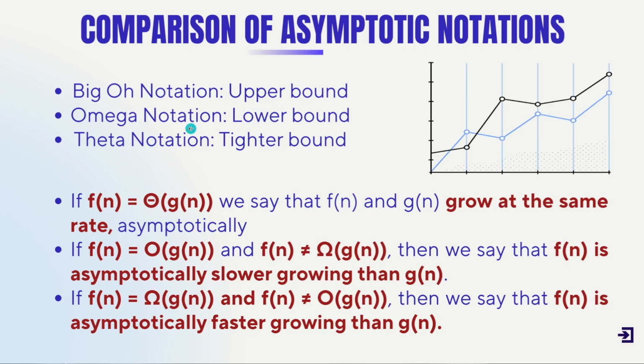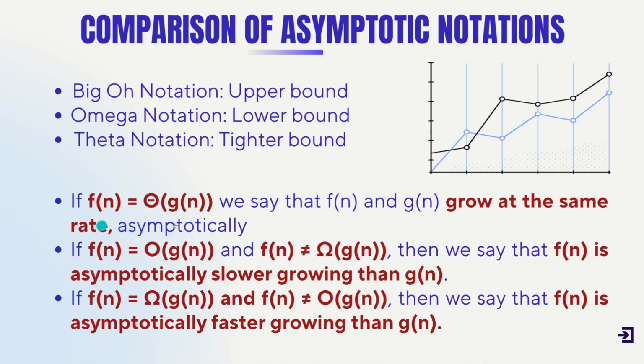Omega notation is used whenever we want to express the lower bound or the best case complexity of an algorithm, and theta notation is used whenever we want to have a tighter bound, that is upper and lower bound. So, we will be specifying that a function's complexity will not go below this or go above that. So, that is what we represent with the help of theta notation.